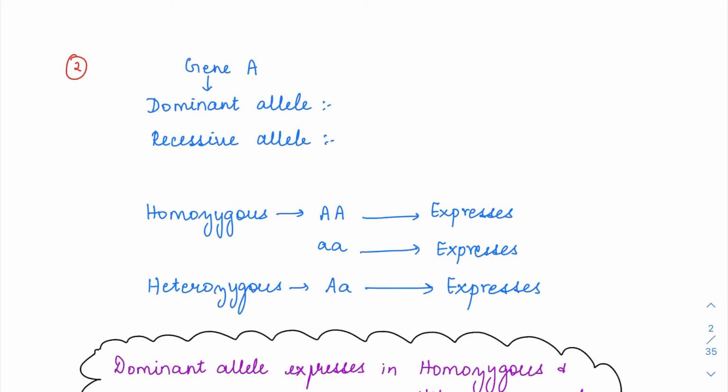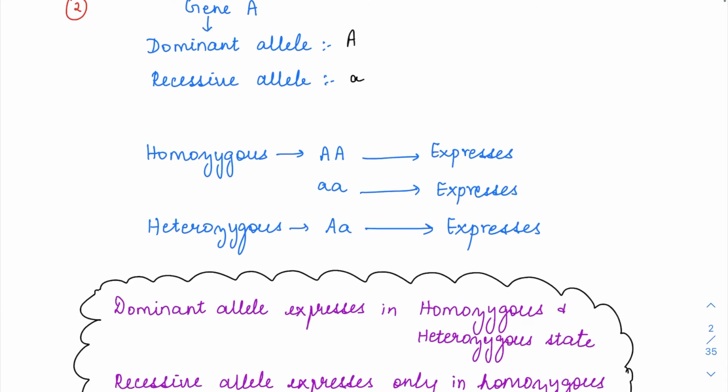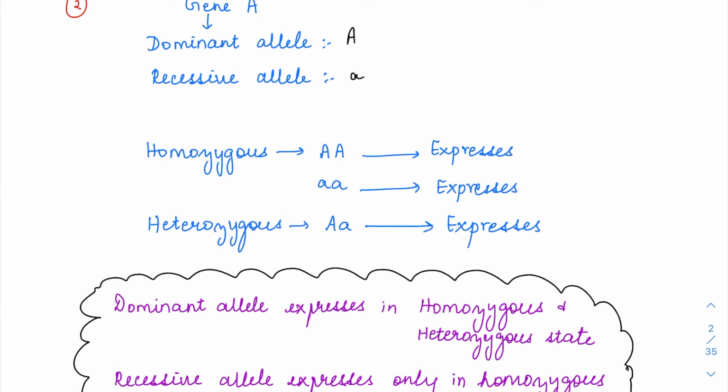Suppose for the gene A, the dominant allele will be represented by a capital letter, while a recessive allele is represented as a small letter. Whenever they represent capital, it is dominant, and recessive is small letter. And what is homozygous and heterozygous? Homo, as the name suggests, means same.